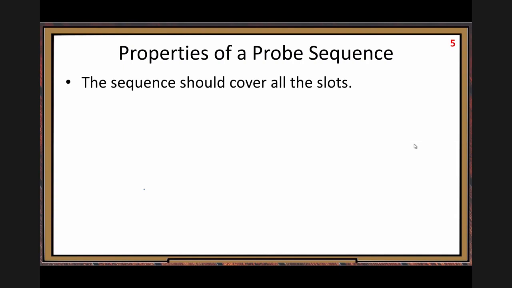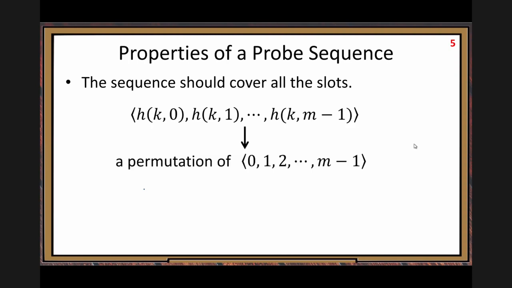The sequence should cover all the slots. You cannot skip some of the slots, otherwise your definition of the probe sequence is not acceptable. So it should be a permutation of these numbers.